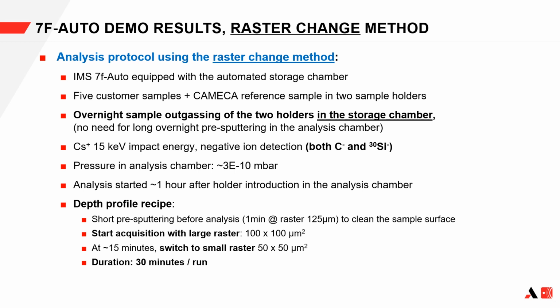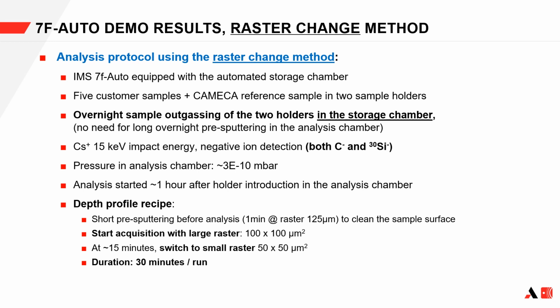In the depth profile recipe, we included a short pre-sputtering during 1 minute with 125 micrometer of raster size, which is a bit larger than the first raster size, so 2R. As soon as this brief pre-sputtering is over, depth profile acquisition begins.